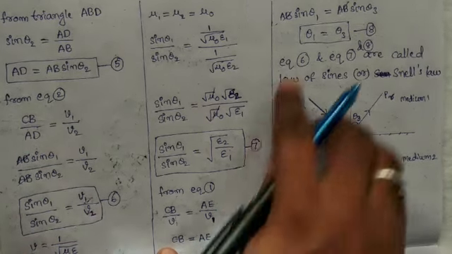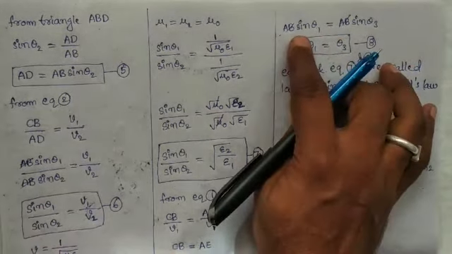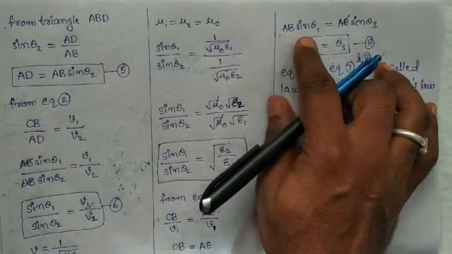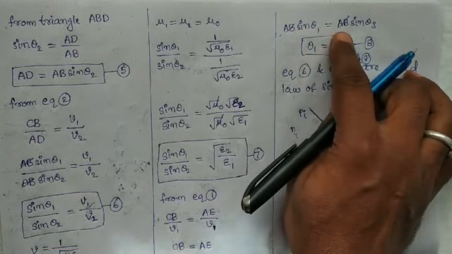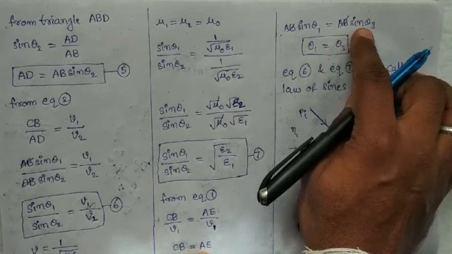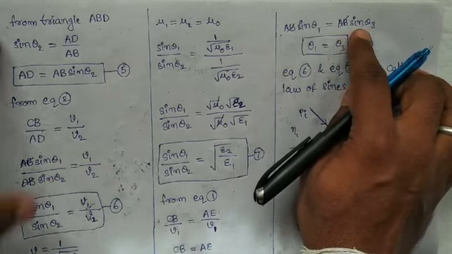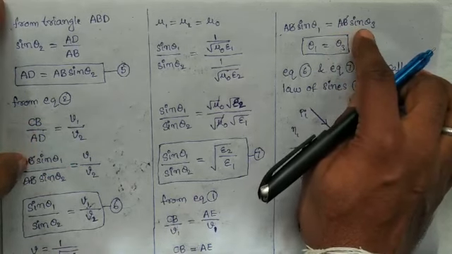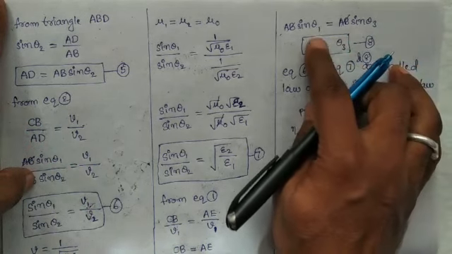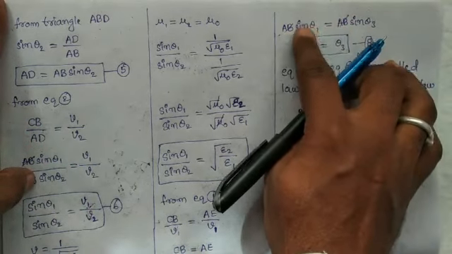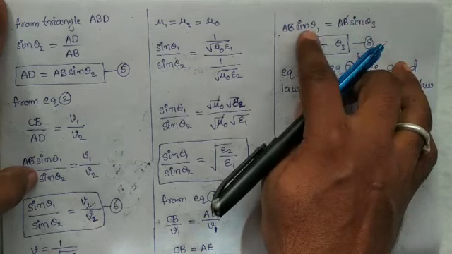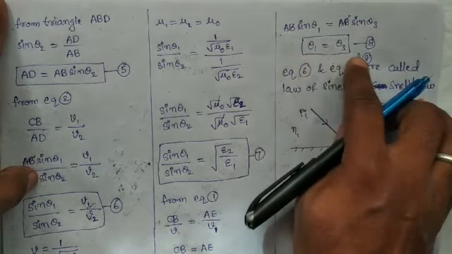Here already we know how to calculate the CB value. CB is equal to AB sin theta 1, which is equal to AE. How to calculate the AE? AE is equal to AB into sin theta 3 it is. Here from this AB gets cancelled, sin gets cancelled. Here theta 1 is equal to theta 3 it is.